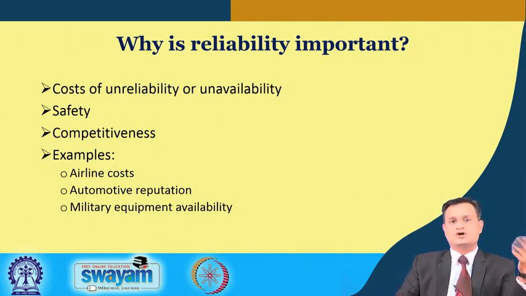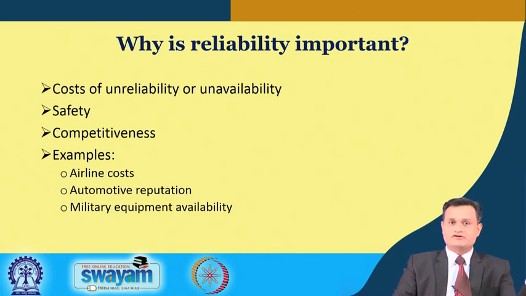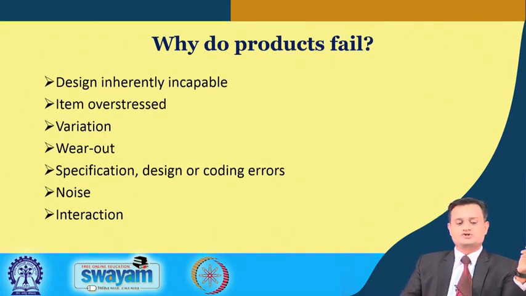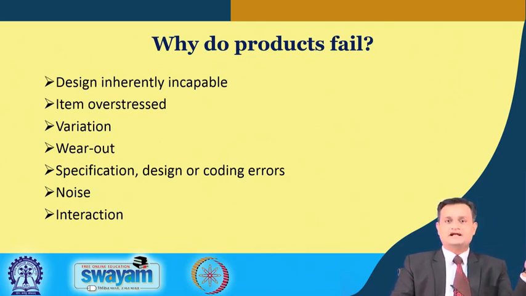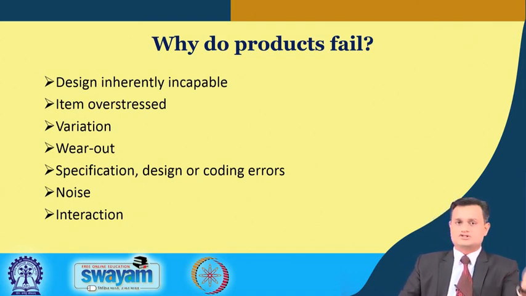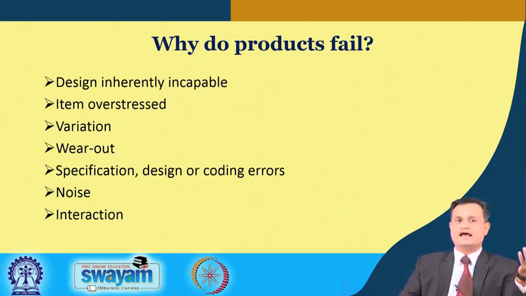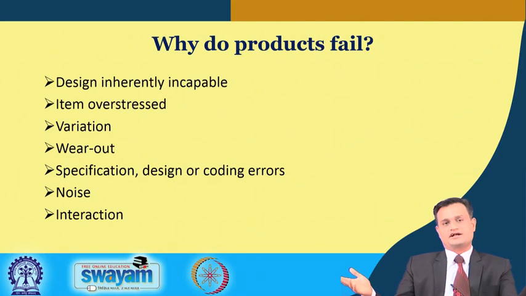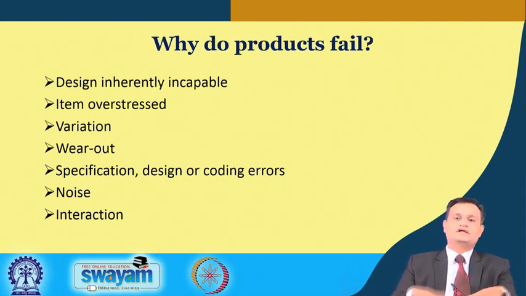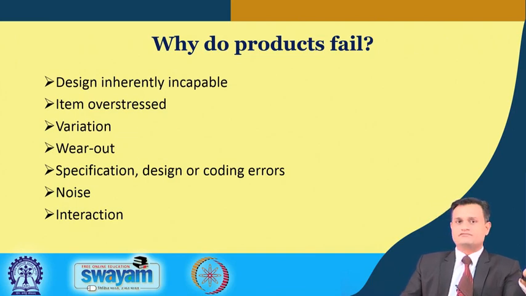Airline cost, automotive reputation, military equipment availability, safety issues, and so on. Products fail because of many reasons: the design is inherently incapable, items are overstressed, variation, wear out, specification, design, or coding errors. There could be a noise factor which is responsible, or the interaction among the subsystems may lead to product failure.